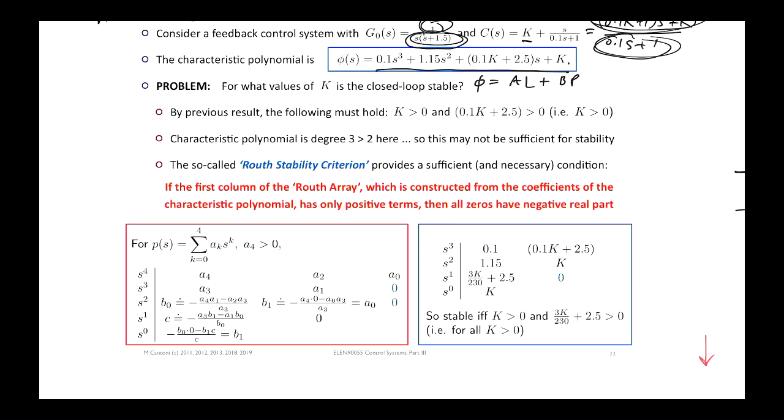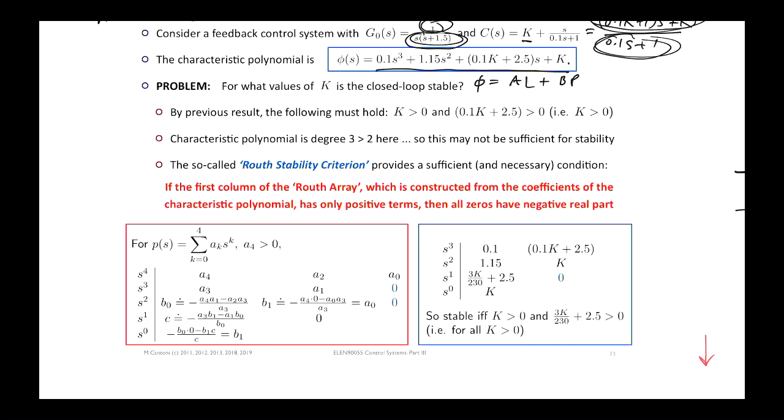That would stop you from dividing here. But that shouldn't stop you from building the array. What you do is you replace 0 by a symbol, call it epsilon, and keep working with the symbol. The epsilons will appear in all of the subsequent calculations. And then you look at what happens when that variable goes to 0. You take the limit as it goes to 0 in the end.